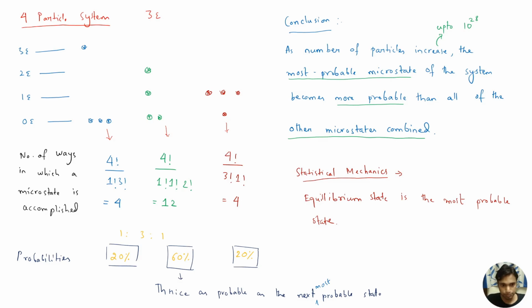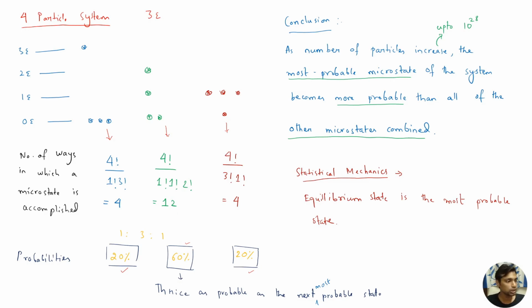If you take the sum of this probability and this probability, which is 40%, whereas this single state is 60% probable.